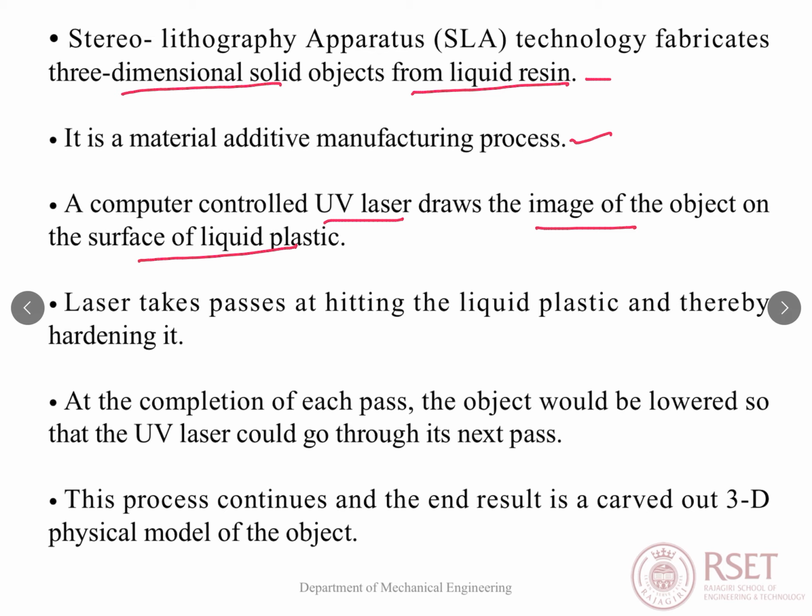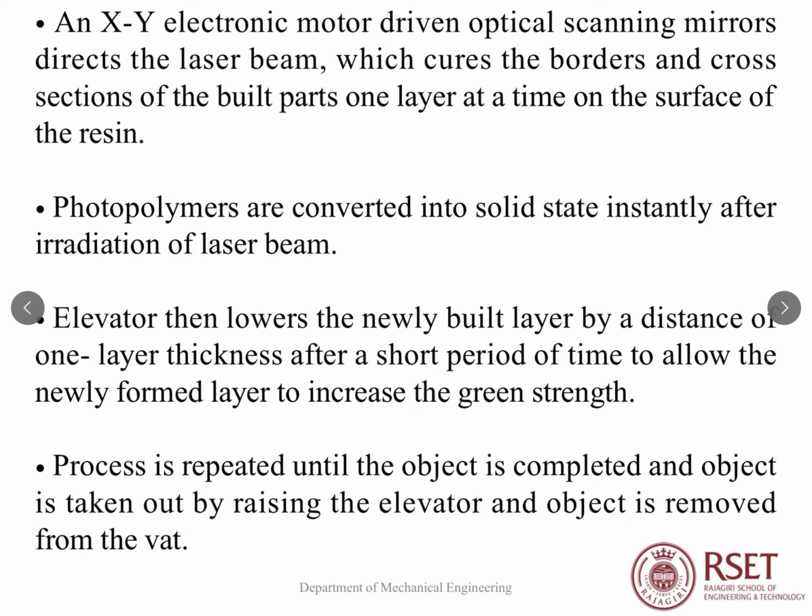The laser passes, hardening the liquid plastic. At the completion of each pass, the object is lowered so that the UV laser can go through its next pass. This process continues and the end result is a 3D physical model of the object.